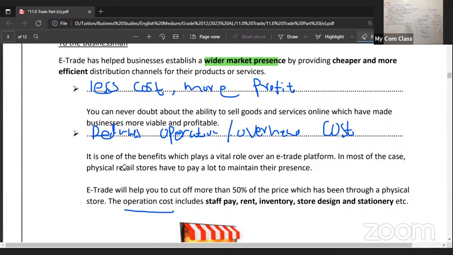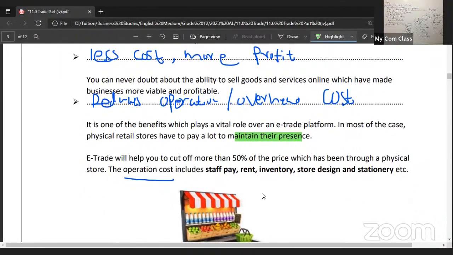What they are saying is, it is one of the benefits which plays a vital role on an e-trade platform. In most cases, physical retail stores have to pay a lot of maintenance to keep their presence. E-trade will help you cut more than 50% of the cost of a physical store.